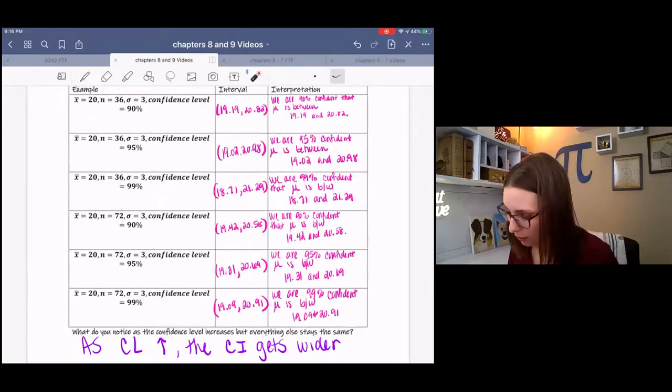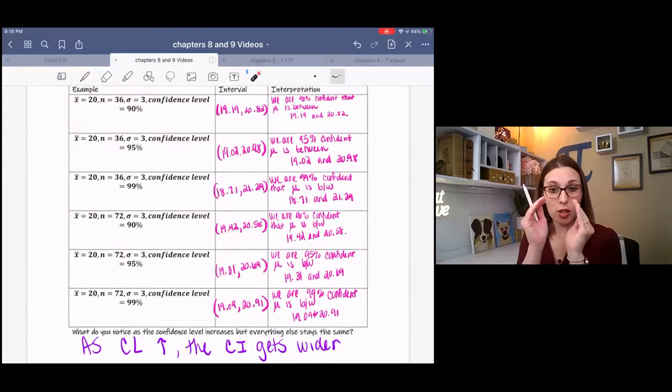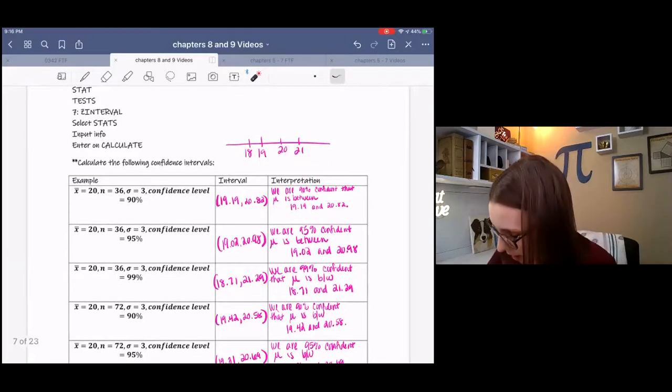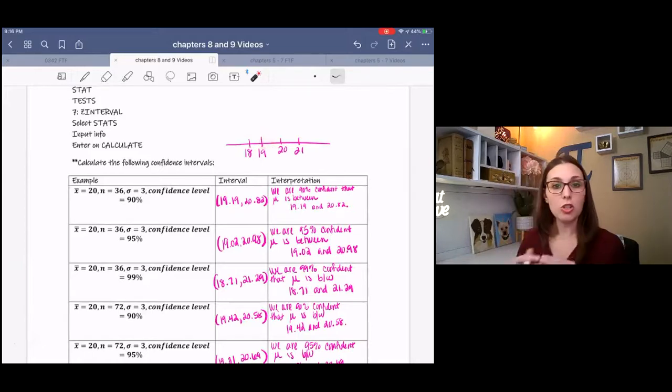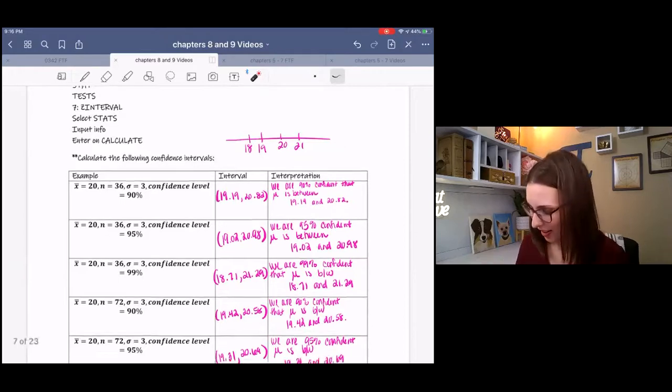So we have 19.19, 19.42. It shrinks down. If you go back up and picture that number line, 19.19 is about here, 19.42 is about here. So when our sample size gets larger, we have a better idea of what our population mean looks like.